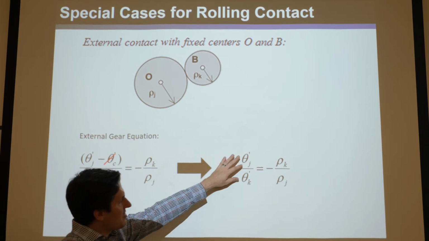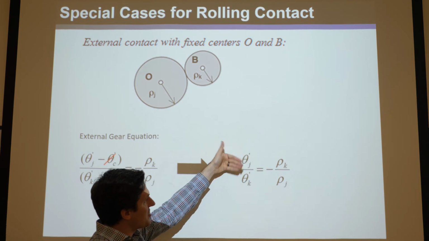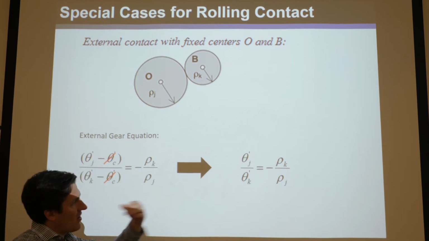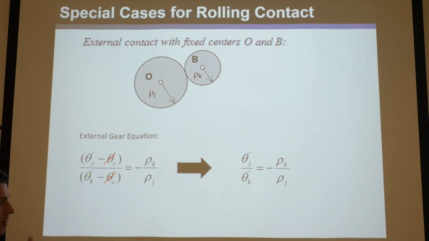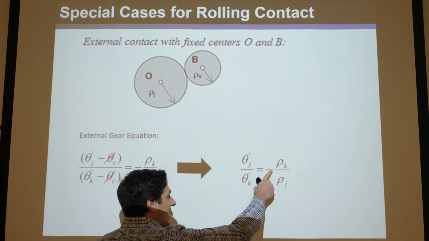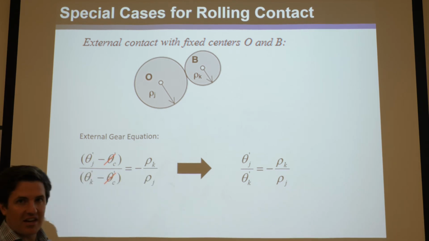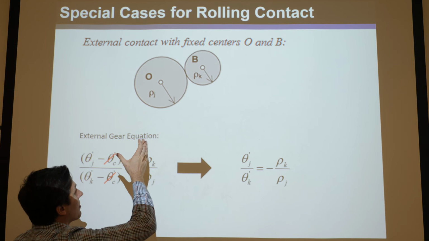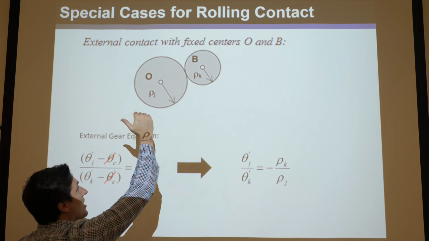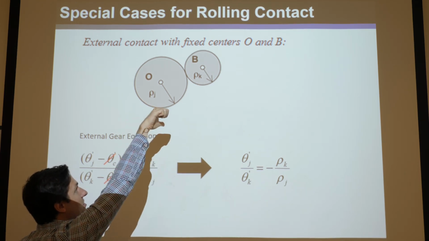This is essentially the ratio of their speed, or omega J to omega K. Are these radii. We proved that at the very beginning of this topic. Except now we're careful. We have a negative sign. Before we weren't careful about the negative sign, and this negative sign basically says if J rotates in a positive direction, K is going to rotate in a negative direction.